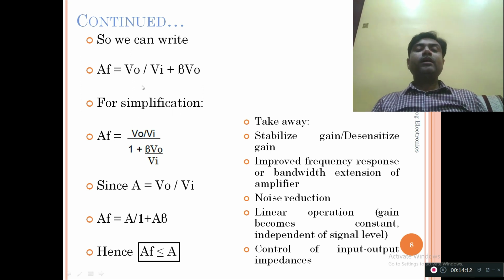For simplification, we can divide the numerator and denominator with the input voltage Vi.